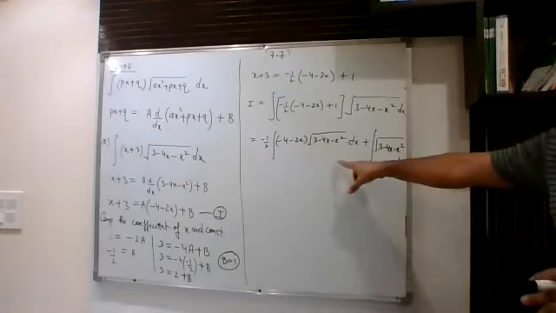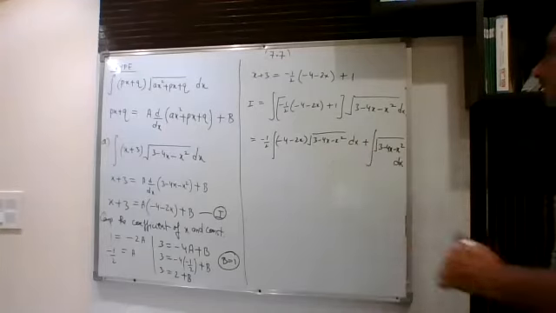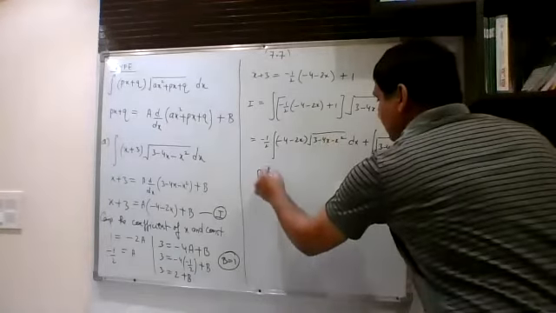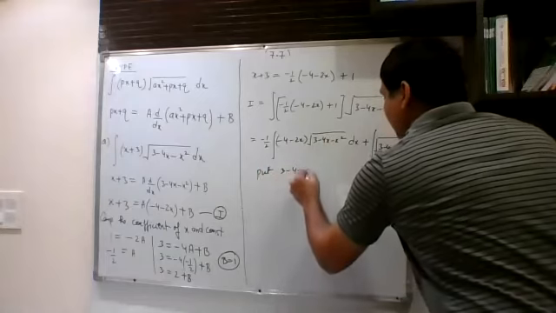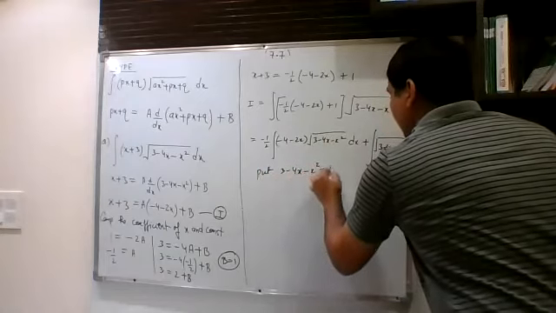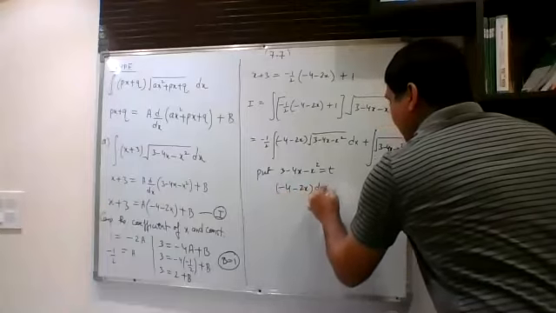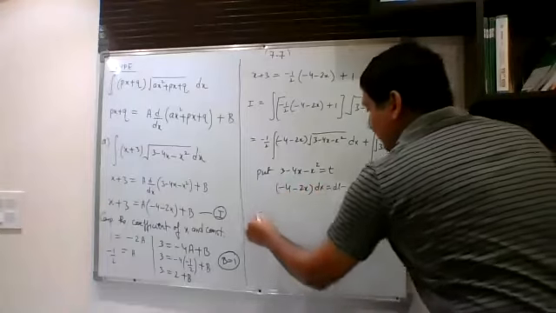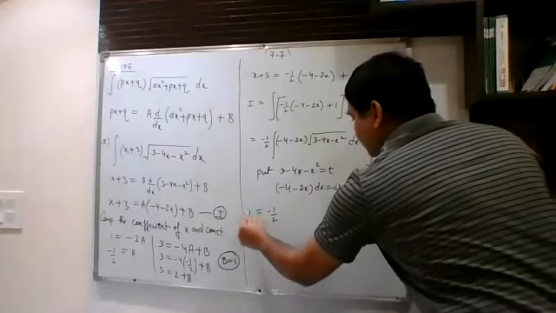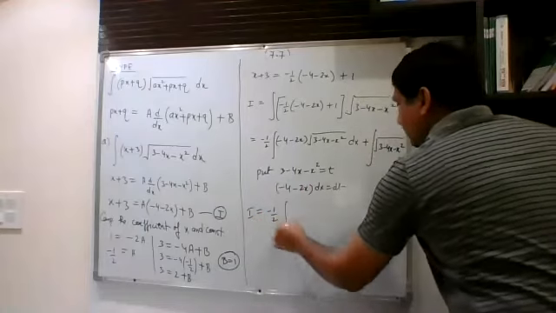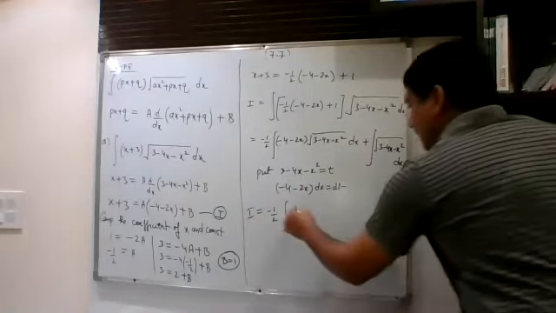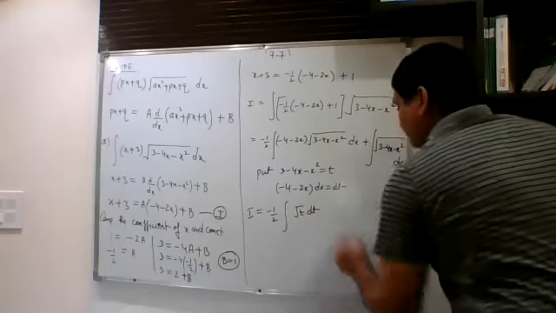I1 can be solved by the substitution method. You will simply put 3 minus 4x minus x square equal to t. The derivative will be (minus 4 minus 2x) dx equal to dt. That means the first part can be written as minus 1 by 2 outside, and this can be simply written as the integral of under the root of t dt.